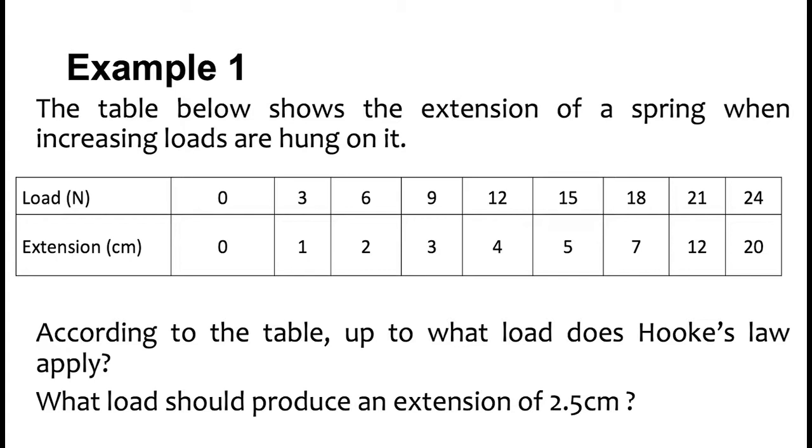The second row is extension in centimeter. We have first load 0, corresponding extension 0. We have the next one, 3 and 1. We have load 6, corresponding extension 2; 9 and 3; 12 against 4; 15 against 5; 18 against 7; 21 against 12; 24 against 20.